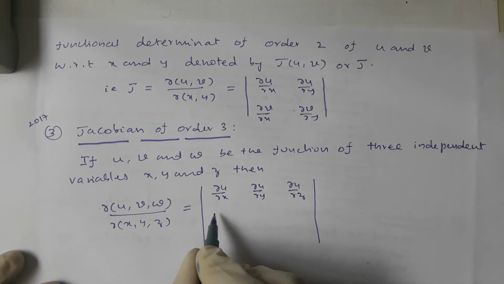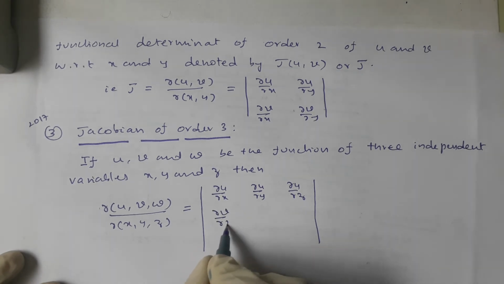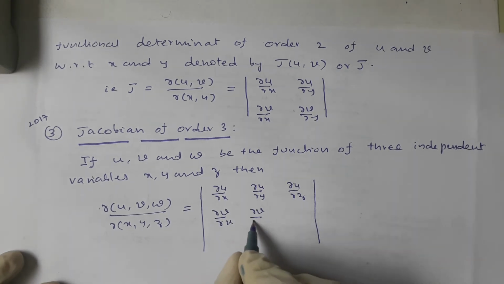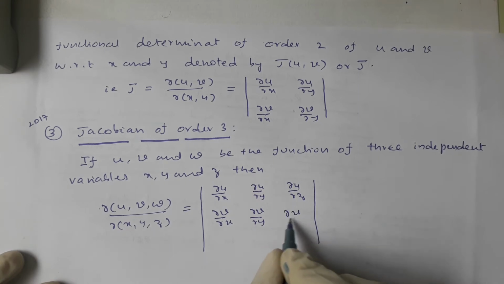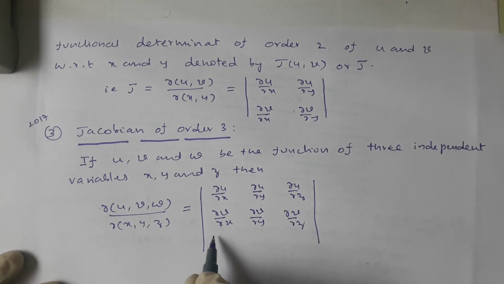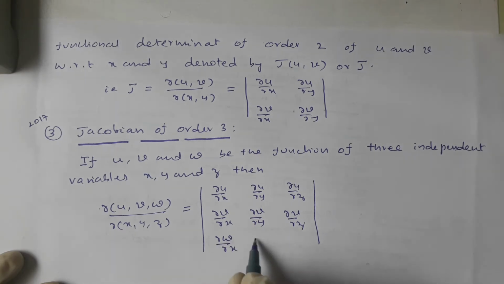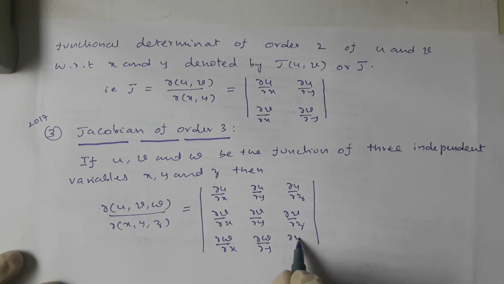Next, second row, dou v by dou x, dou v by dou y, dou v by dou z. Similarly, the third row, dou w by dou x, dou w by dou y, dou w by dou z.